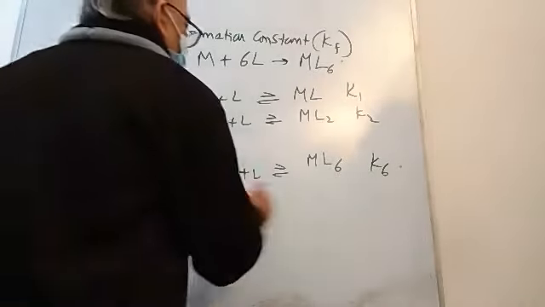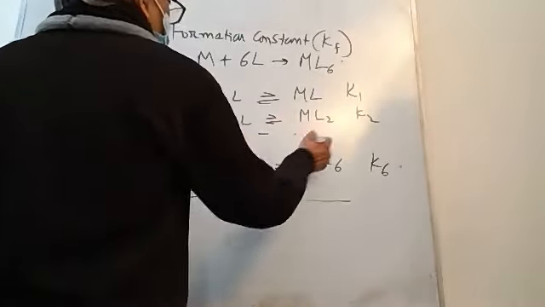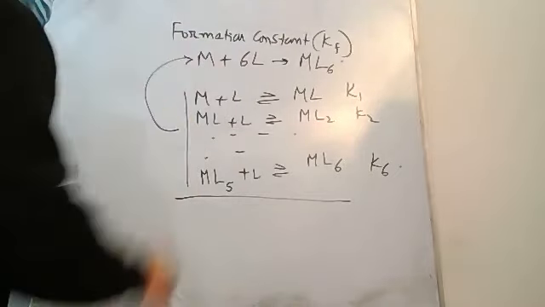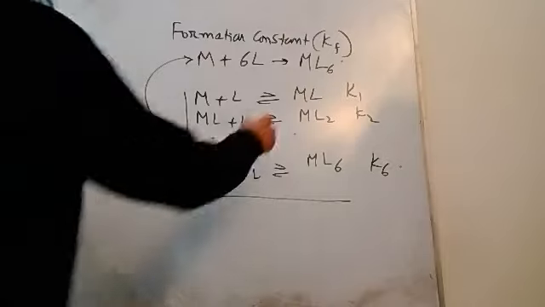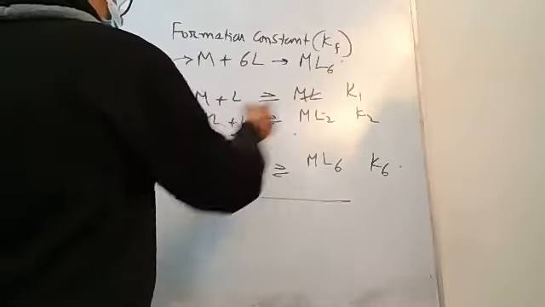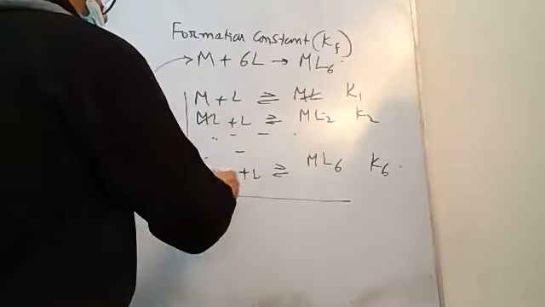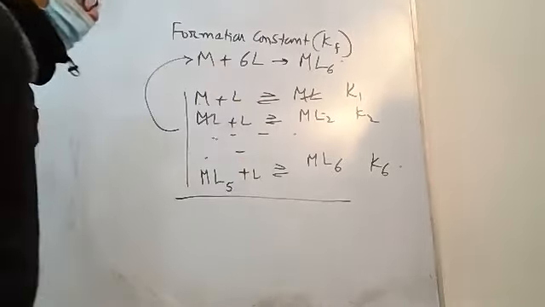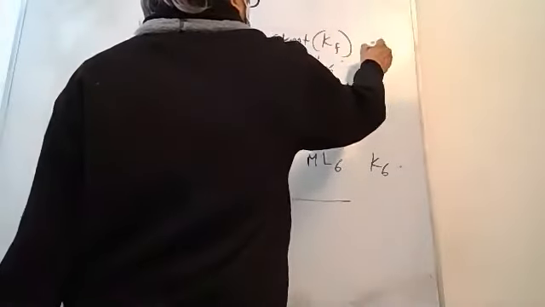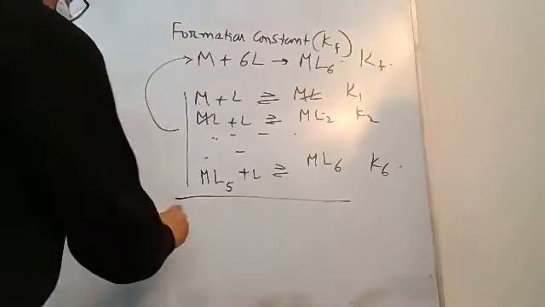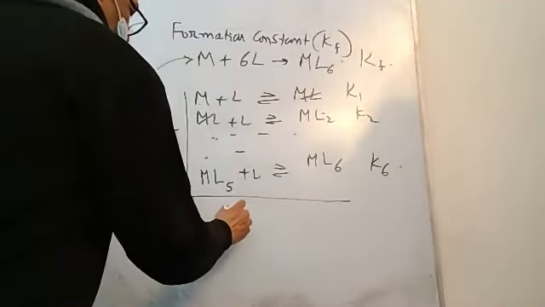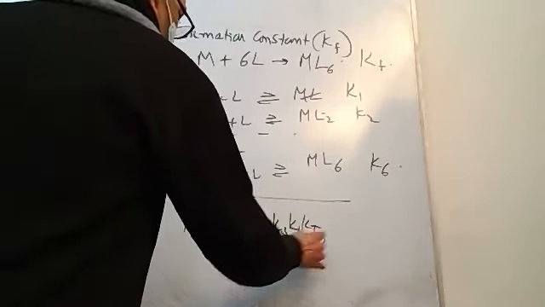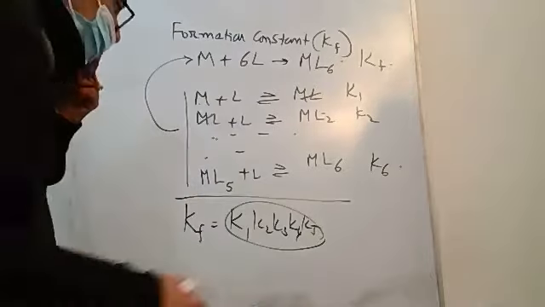If you add all the reactions up, ML cancels, ML2 cancels out, and whatever results is basically M plus 6L giving ML6. So this Kf basically is the product of K1, K2, K3, K4, K5, and K6.